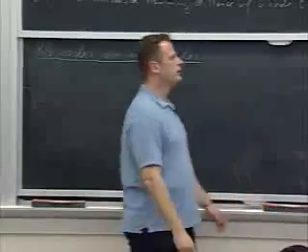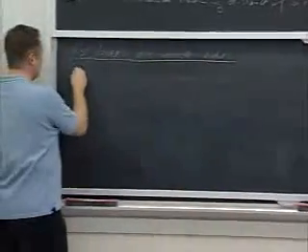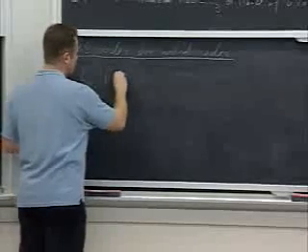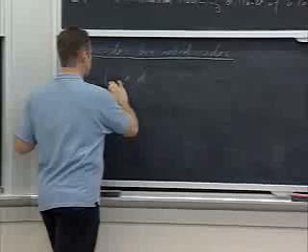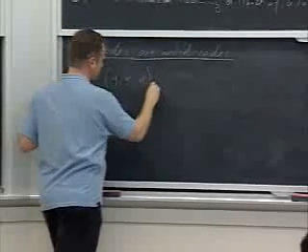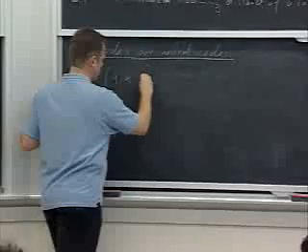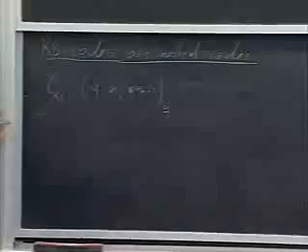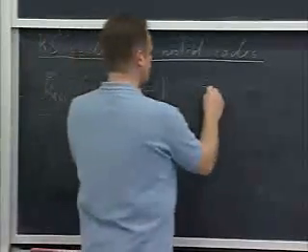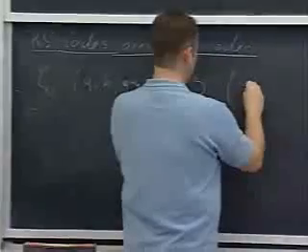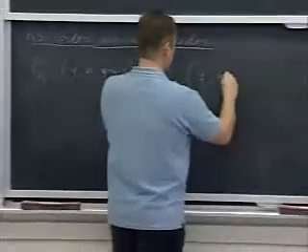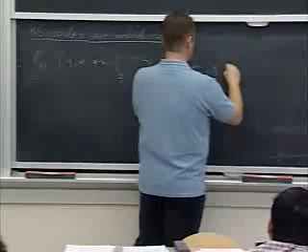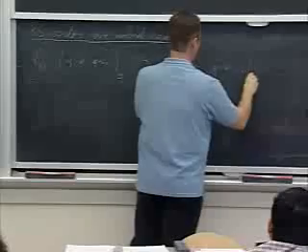Nested codes, so an RS code with parameters n, k. The way we defined them was like this: the code with k minus 1 is properly contained in the code with k.